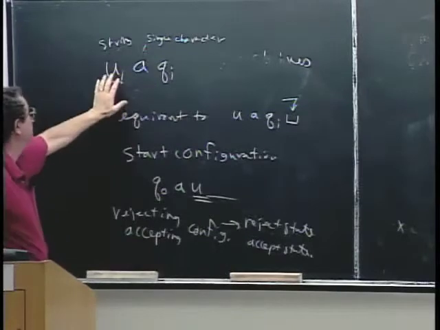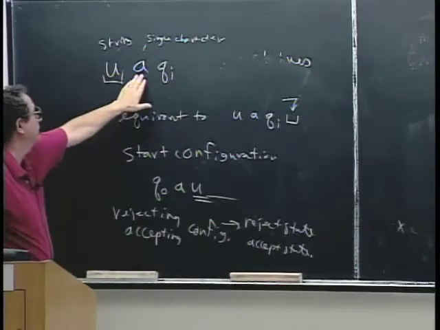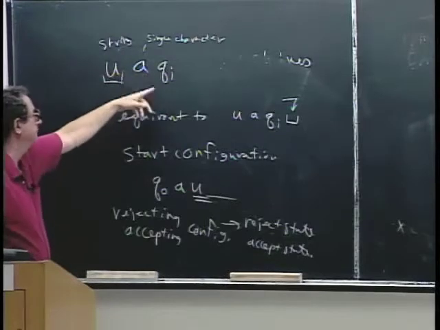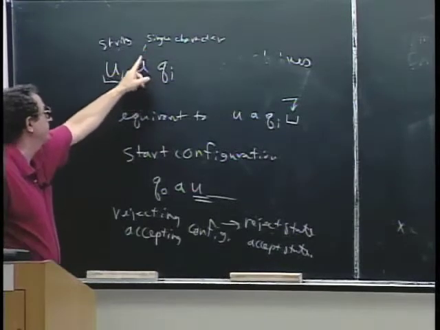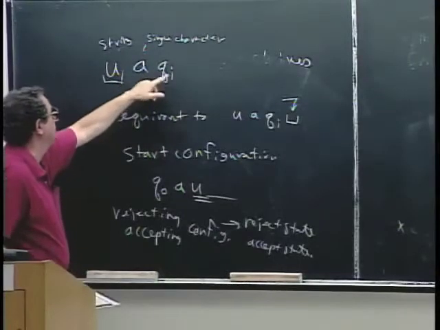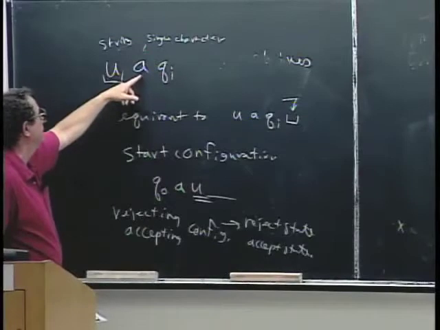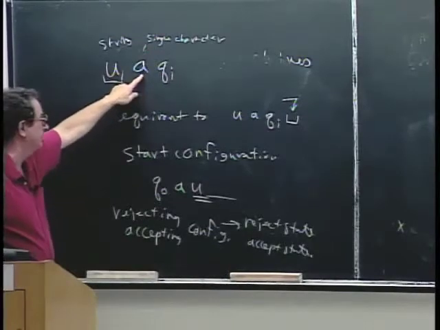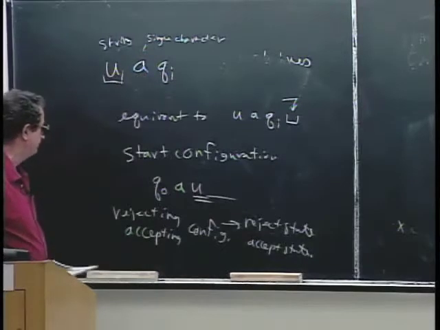So this was a string, and this was a single character, because that's what the read head is looking at, or anyway might move past, so we've pulled that out as an individual character.